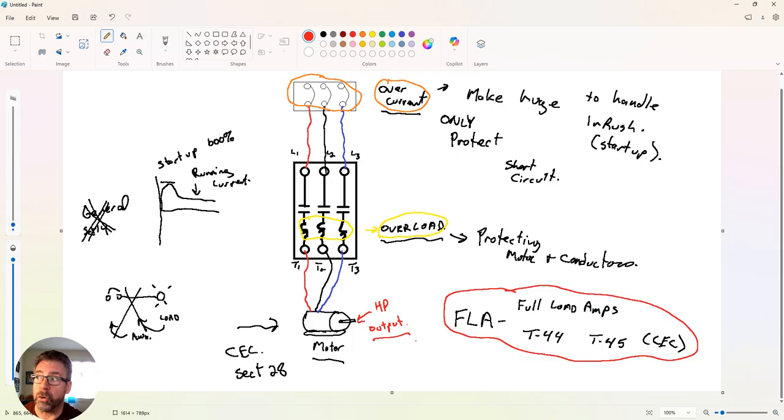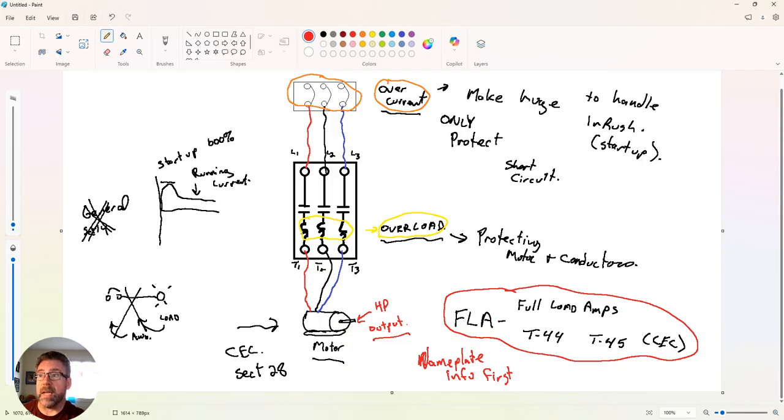It doesn't factor in the input; we would have to consider that after. But the output power is either going to be provided as nameplate information, so I'm just going to say nameplate info first, because nameplate, who knows those motors better than the people that made them and engineered them?